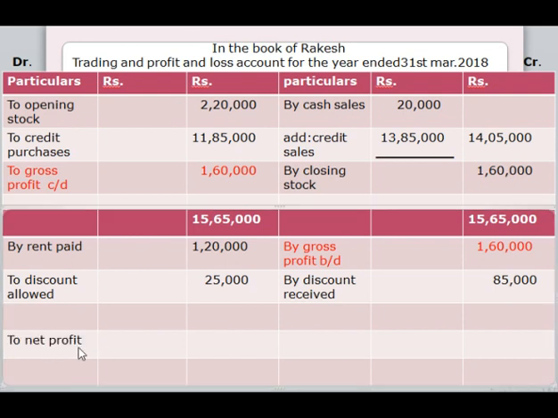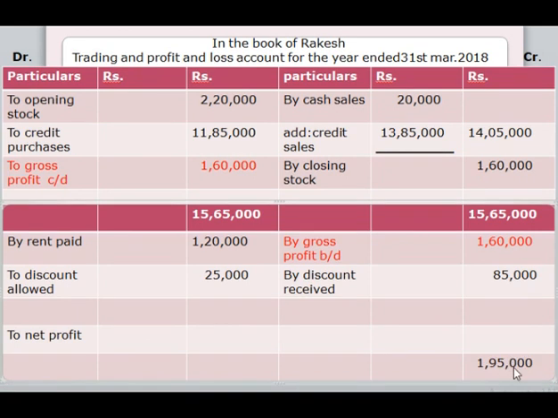For the calculation of net profit, we have to add 1,60,000 with 35,000, which gives you 1,95,000, and we have to balance the same amount in the debit column also, which is 1,95,000. And the next step is we have to deduct 1,20,000 and 25,000 from 1,95,000, which gives you 50,000.